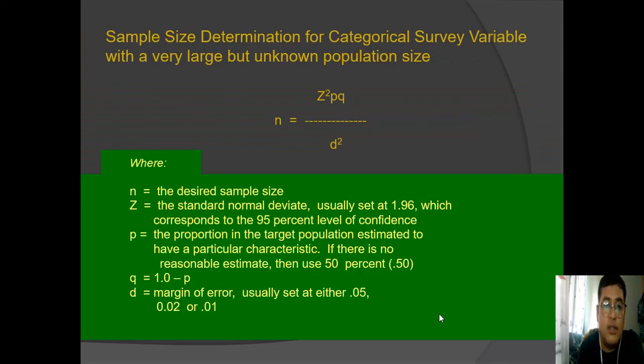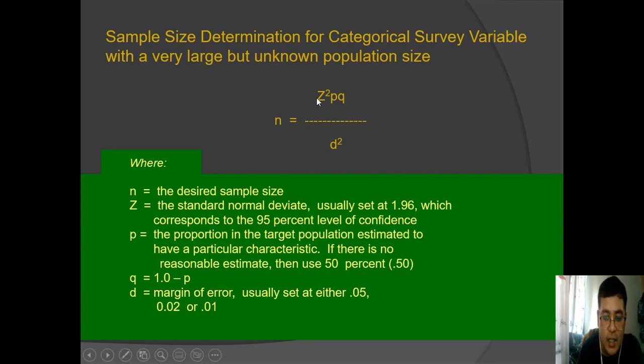So, usually, ito yung sample size determination for categorical survey variable with a very large but unknown population size. So, n is equal to z squared pq divided by d squared. So, ano yung n? n is the desired sample. Z is the standard normal deviate, usually set as 1.96, which corresponds to the 95% level of confidence.